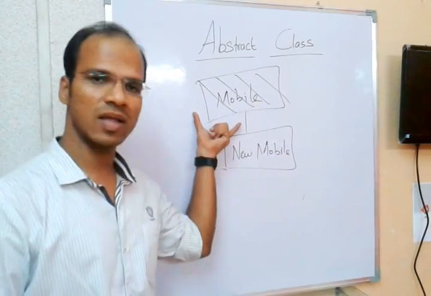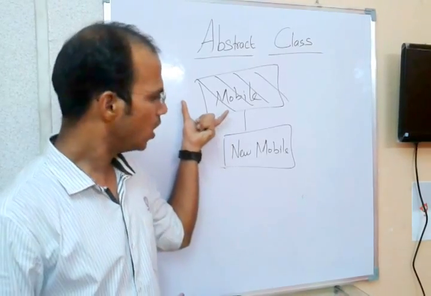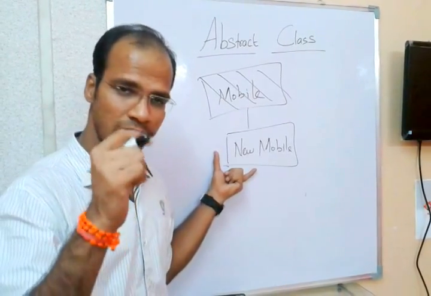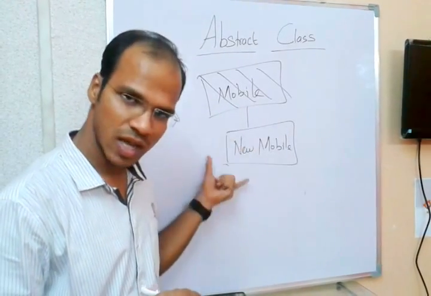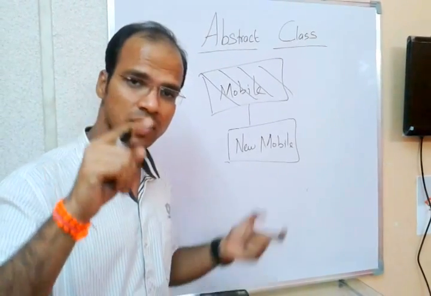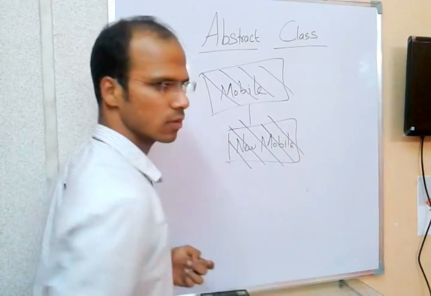In the Mobile class you have one abstract method called front light. If you extend this abstract class, you have to define the front light method in this class. If you fail to define that method, this class also becomes abstract.